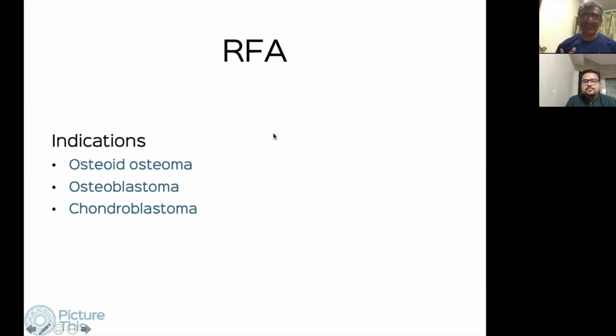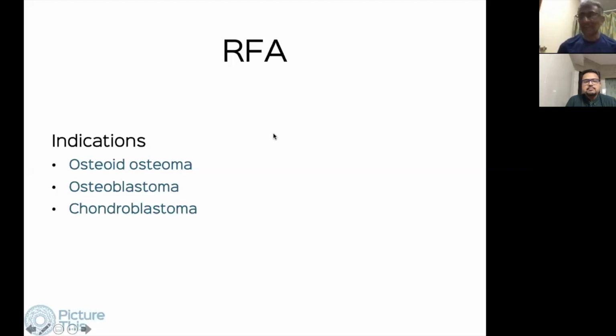So yes, radiofrequency ablation, depending on what you use and how you do it, the cost can range anywhere from about 75,000 to 1.5 lakh. And surgery also, depending on where you operate and who operates, can have pretty much similar costs.